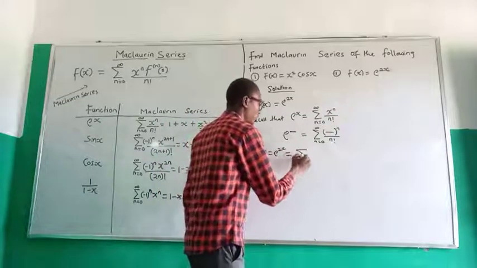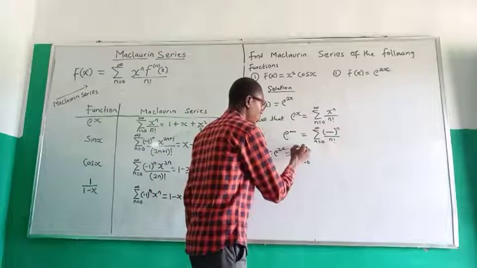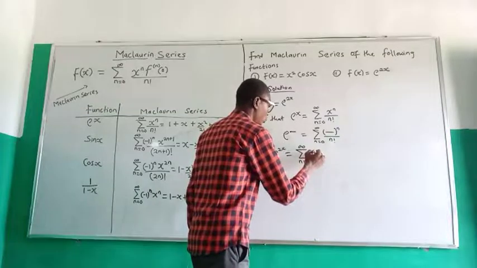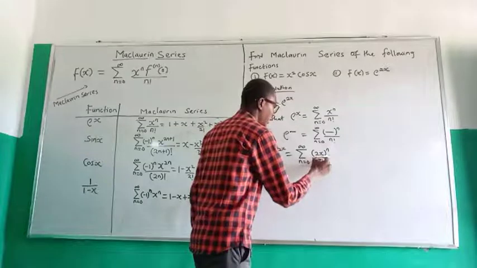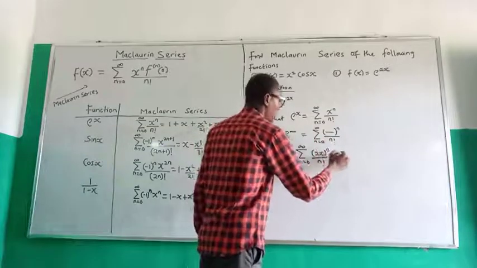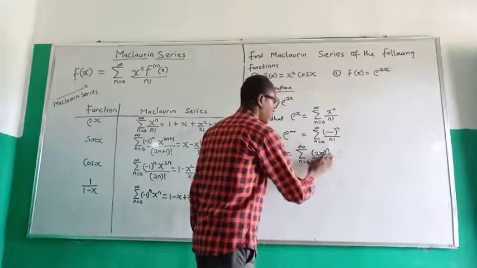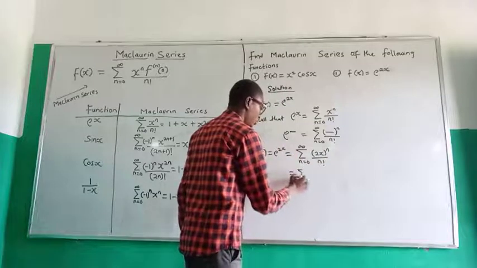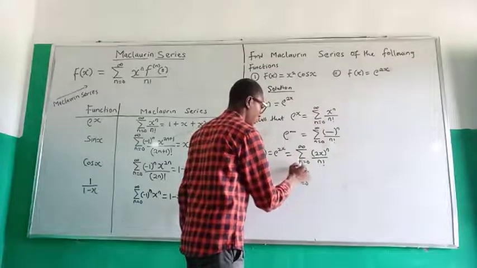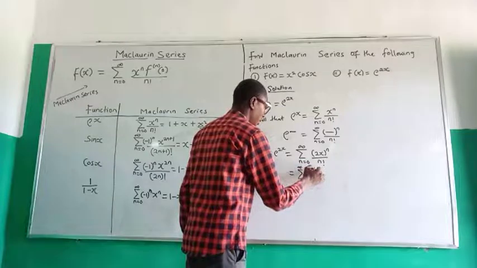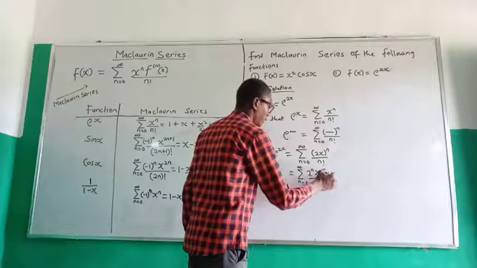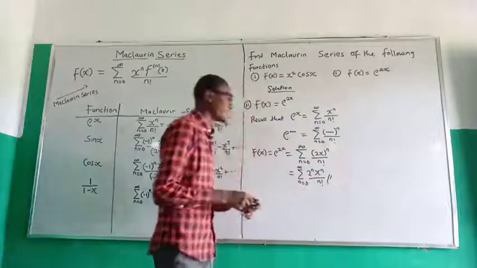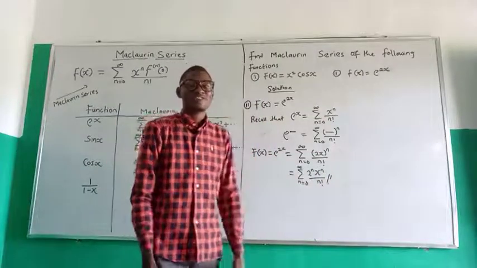This will be the summation n equals 0 to infinity of 2x raised to the power of n divided by n factorial. If you like, you can still write this as the summation n equals 0 to infinity of 2 raised to the power n, x to the power n, divided by n factorial. And this is the Maclaurin series of this function.